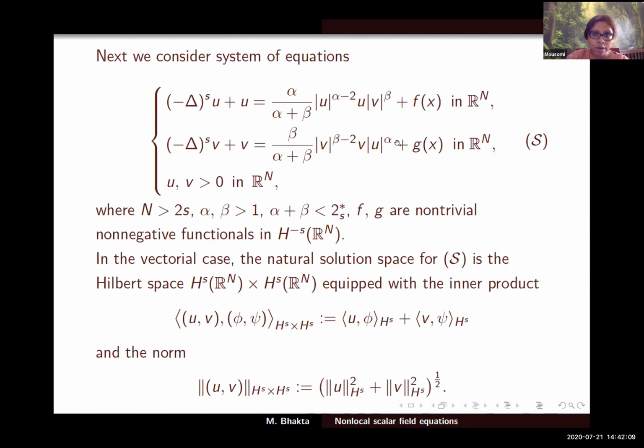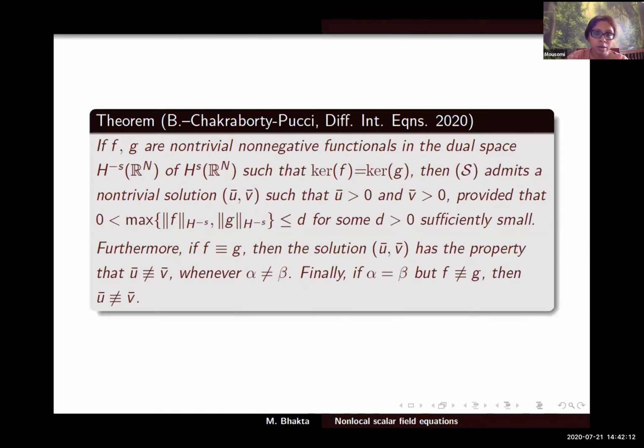What we have proved, in joint work with Patrizia Pucci and my PhD student Sabyasachi Chakraborty, is that if f and g are non-negative, non-trivial functionals in the dual space, so you cannot take them identically 0, with the kernel of f the same as the kernel of g, and their norm is sufficiently small, then the system admits a solution (ū, v̄) such that each component is positive.